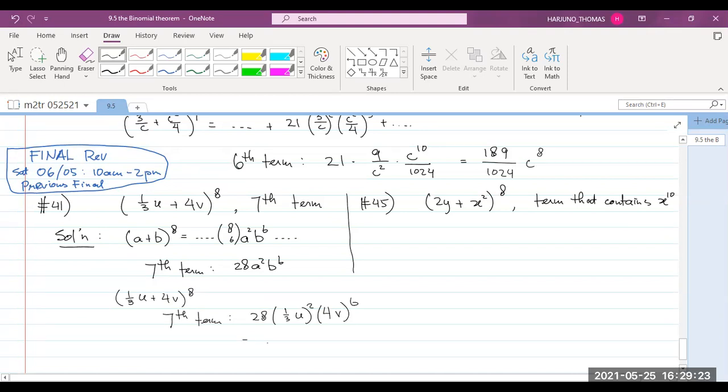So that will be 28 times 1/9, 4 to the 6th, u squared phi to the 6th.